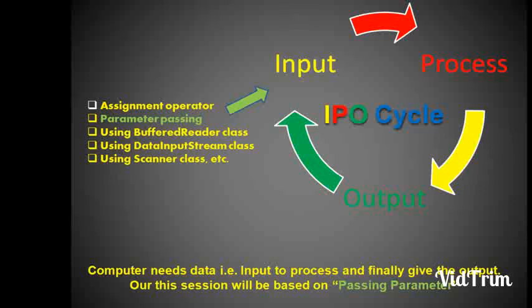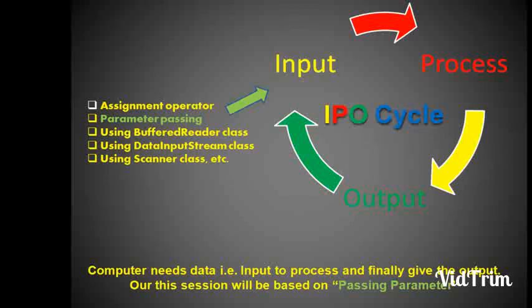Here we are talking today about input. We can give input to the computer in different ways. We have already learned about assignment operator, that is with equal to sign we can give data to the computer.